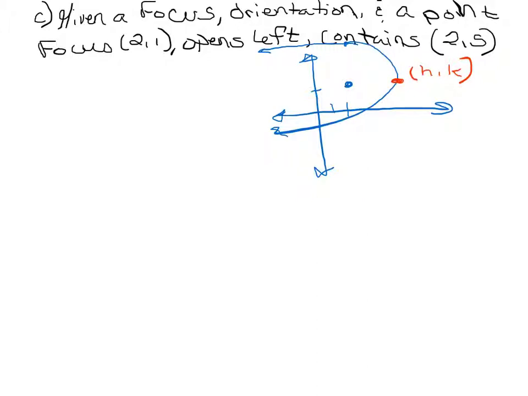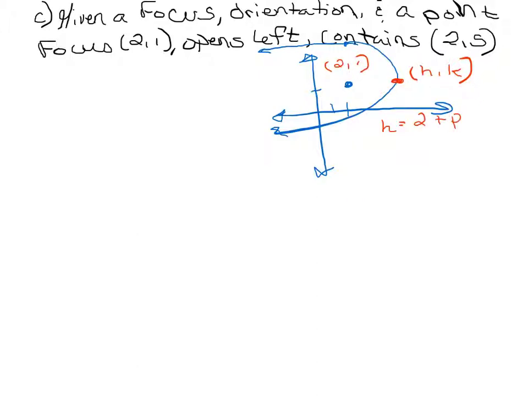If I look at my h value and how it's related to my focus, I know my h value is a little bit more than my focus. In fact, it's p more. So that initially causes me to think that h must be 2 plus p.